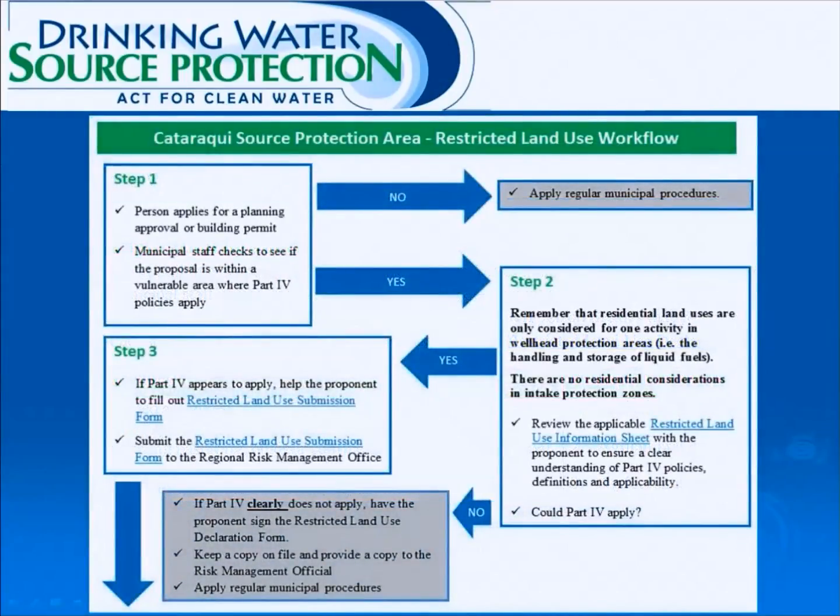After reviewing the applicable restricted land use information sheet with the proponent, if Part 4 clearly does not apply to the application, i.e., they will not be using any of the chemicals identified as a significant drinking water threat, or their proposed activity is not included on the restricted land use information sheet, the proponent must fill out and sign the Restricted Land Use Declaration form.